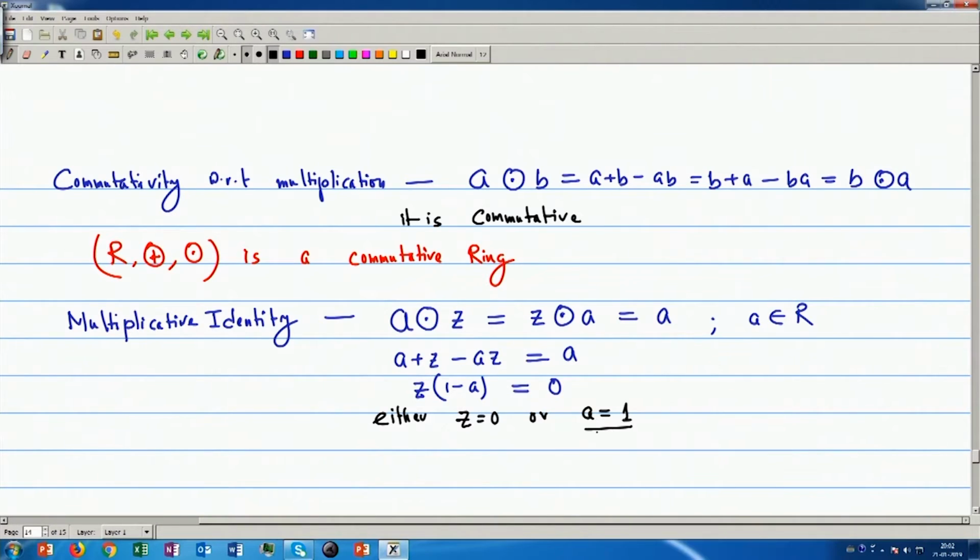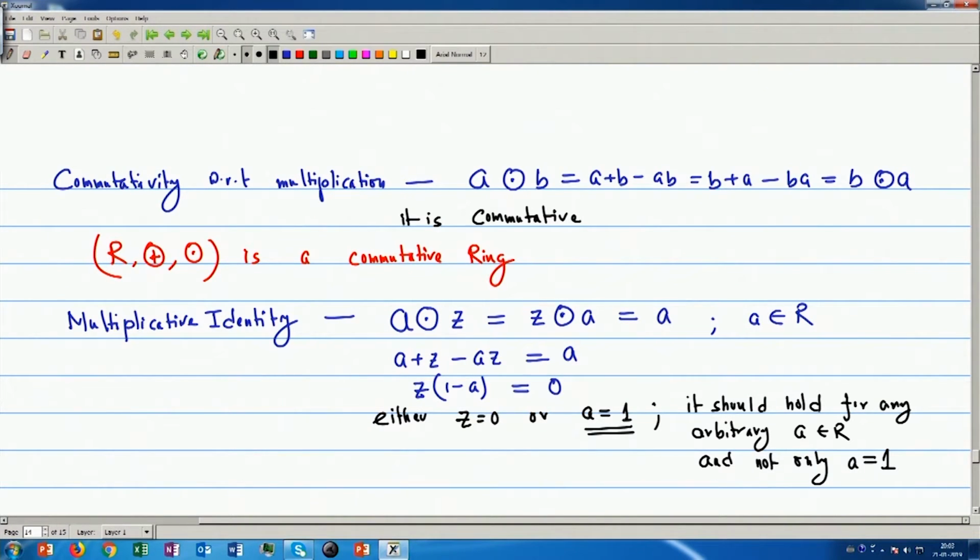Now, this a equal to 1 is not enough, this property should hold for any arbitrary a belongs to R and not only a equal to 1.